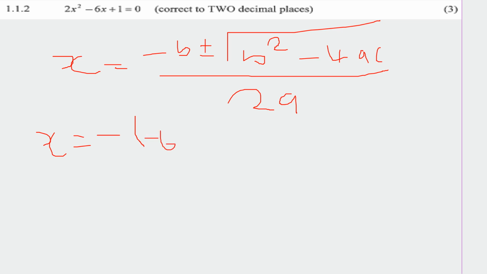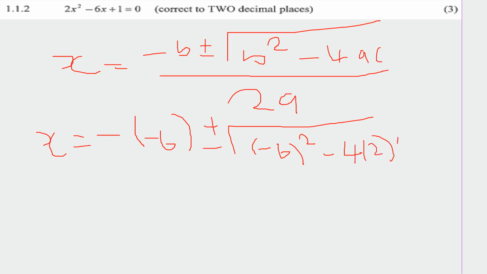Remember, this negative is the negative of b. You substitute b as -6. Then you say plus or minus the square root of b squared, which is -6 squared, minus 4. The value of a is 2, and the value of c is 1.